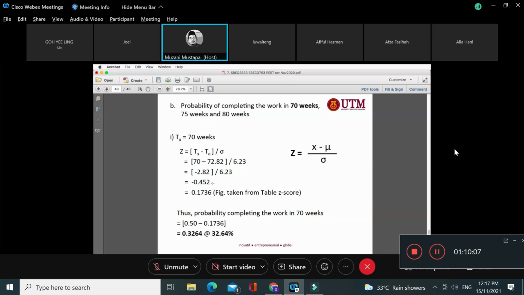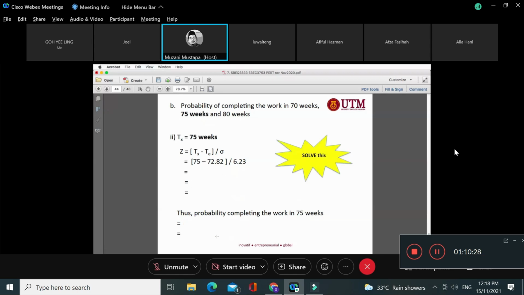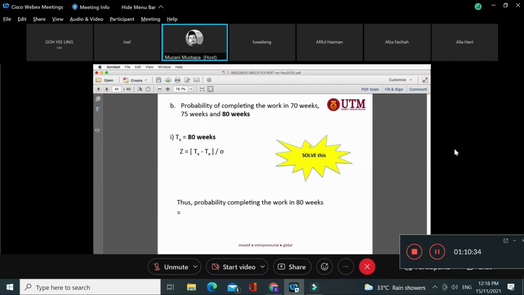You take the Z-score table, you get 0.736, and because it is negative you have to subtract from 50%, 0.5. So what does it mean? In 70 weeks, the chance for this particular project to be completed is only 32%, or 33%. What if 75 weeks, and what if the project is completed in 80 weeks?